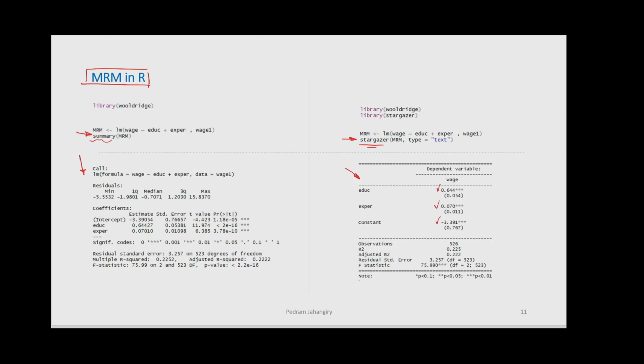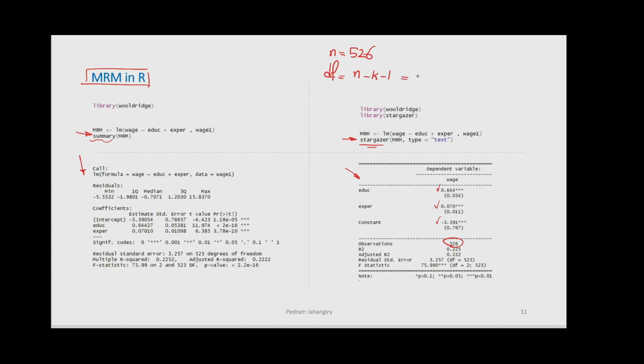And what else do we have? We have number of observations, R square, adjusted R square. This is something that we finally are going to talk about in this chapter. And let's talk about degrees of freedom. Let's say the number of observations is 526. 526 is my n. What is the degree of freedom of the model? Do you remember we talked about this? n minus k minus 1.